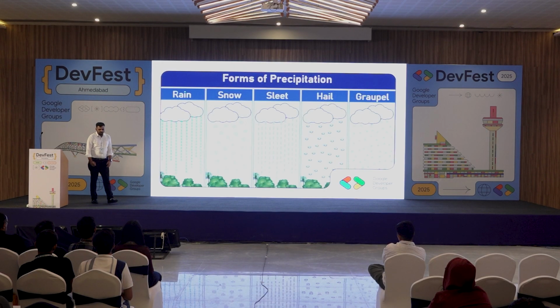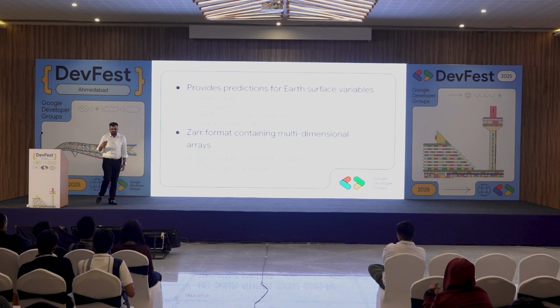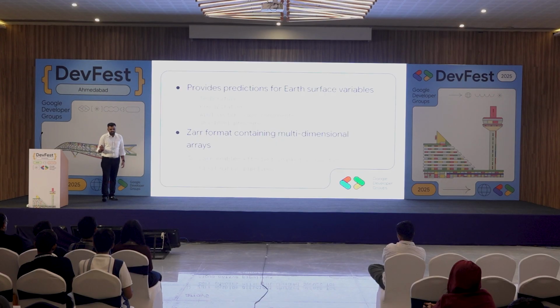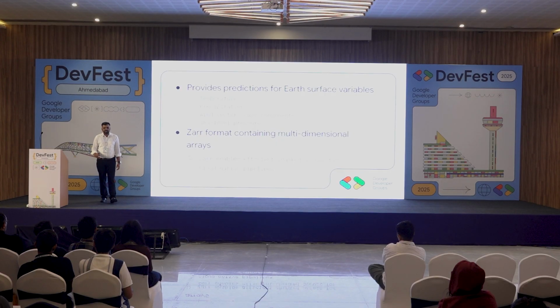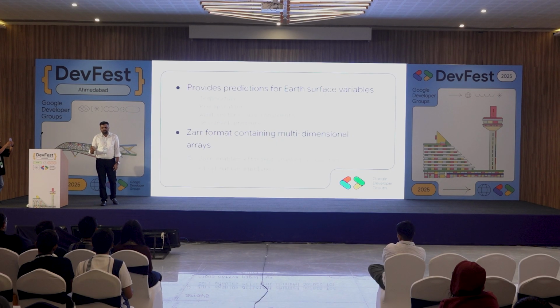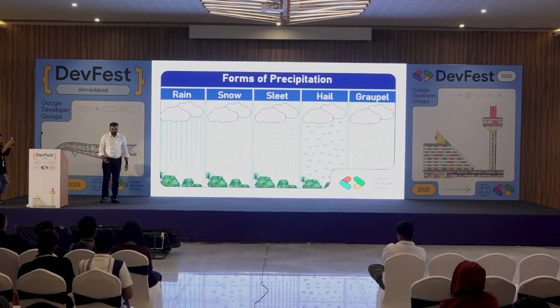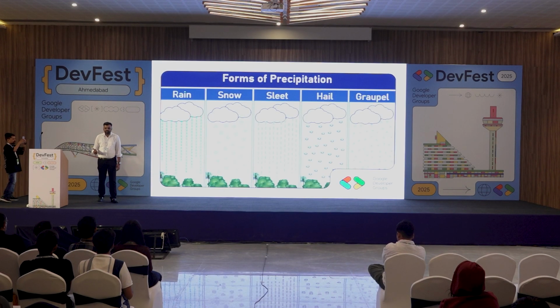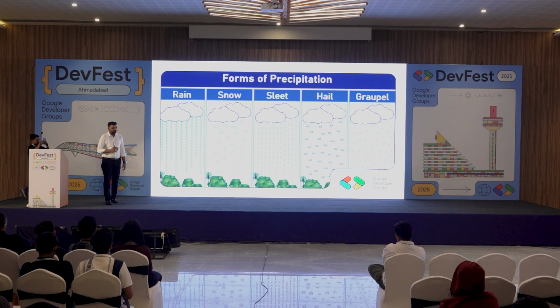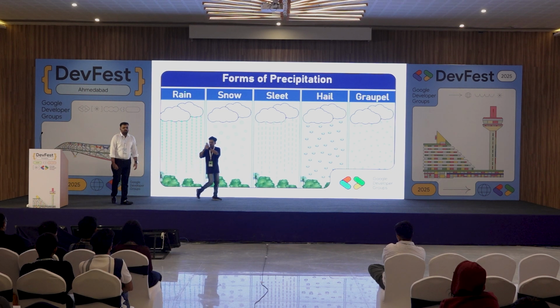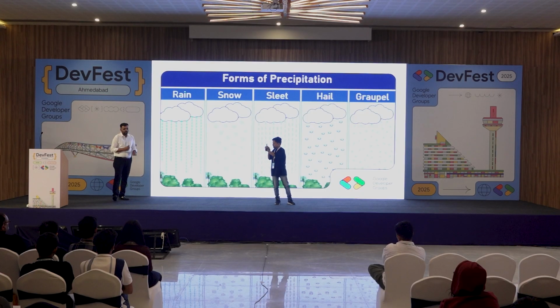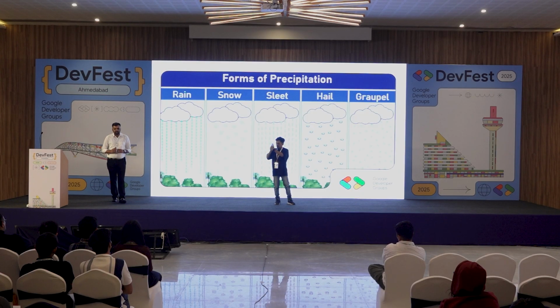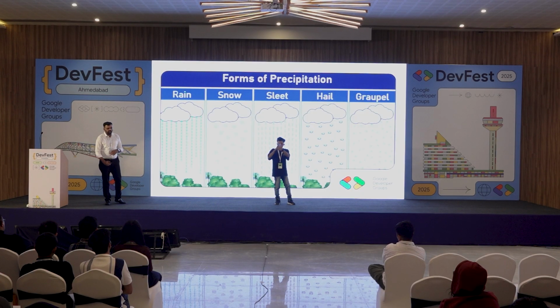Now, we have mentioned temperature, precipitation, wind, and sea level pressure. Temperature is what we observe day to day. Precipitation is not only rain; it covers rain, snow, sleet, hail, or any kind of water coming from the environment to the surface.